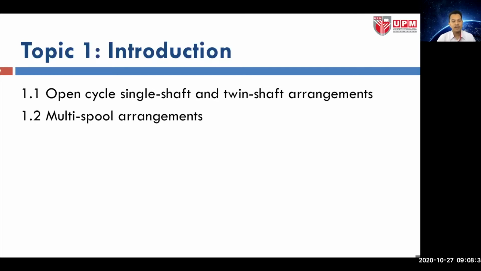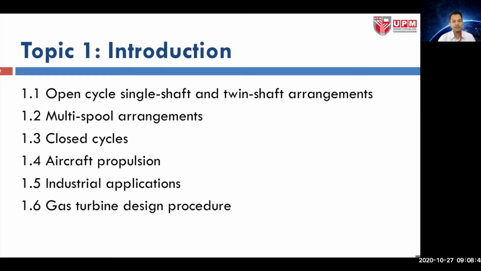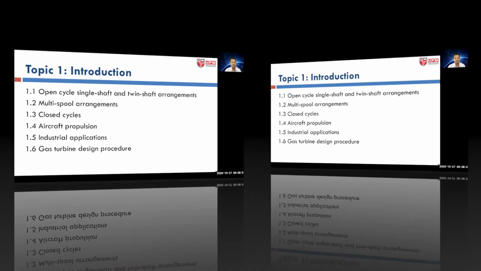And then we have the multi-spool arrangements. 1.3 is closed cycles. Then we have aircraft propulsion, industrial applications, and finally, the gas turbine design procedure. So probably by end of today, we would be able to complete all the introduction to air breathing engine.